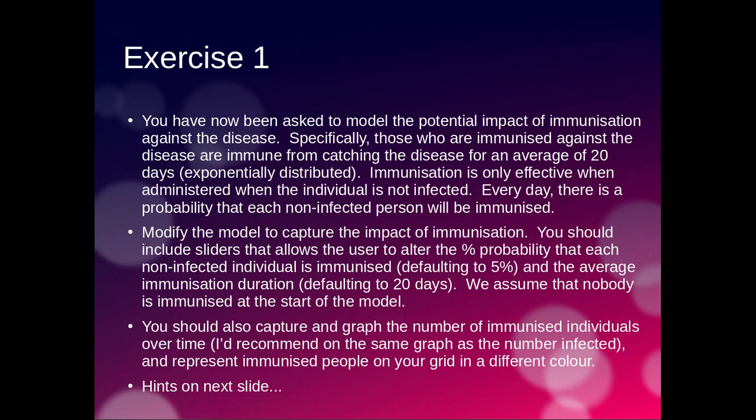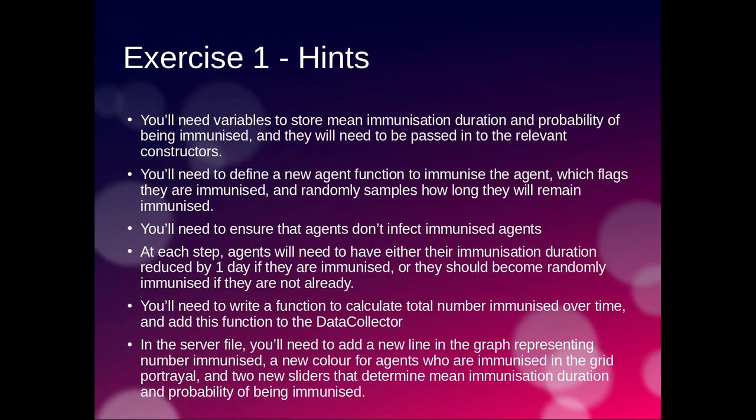So I'm going to give you some hints because this is quite tricky. So you're going to need some variables to store the mean immunisation duration and the probability of being immunised, and they're going to need to be passed into all the relevant constructors. So think about that based on how your model's set up.